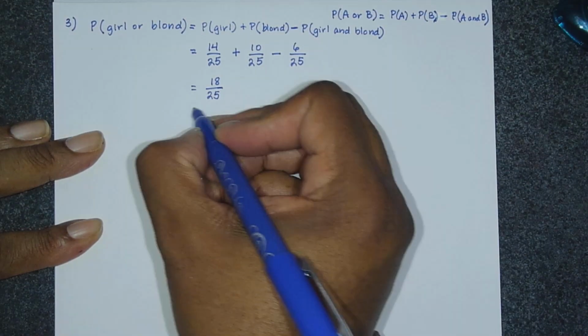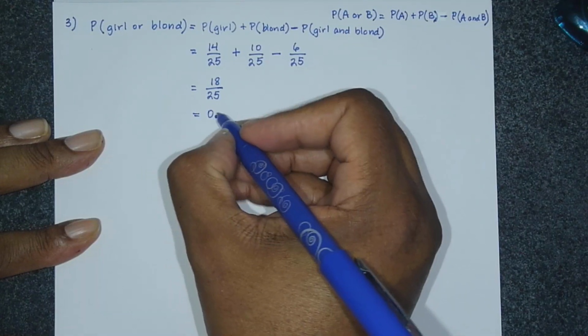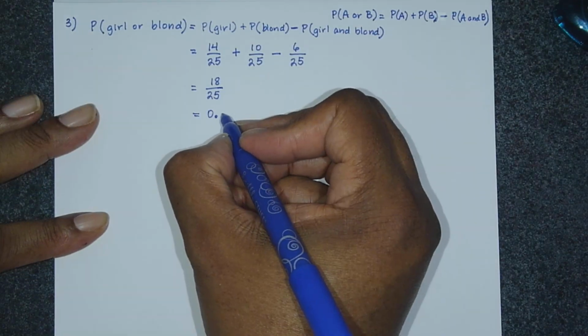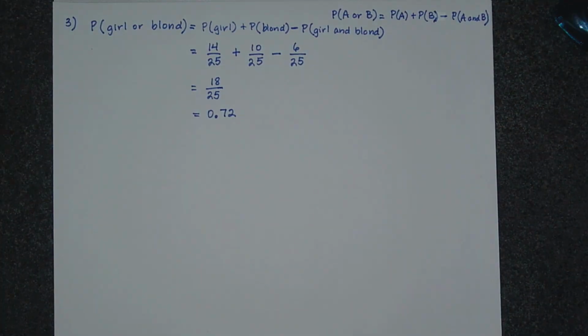And if you were to write this out as a decimal, that would be what? It's 18 divided by 25. 0.72. So the probability as a decimal would be 0.72. All right, questions on problem number 3.